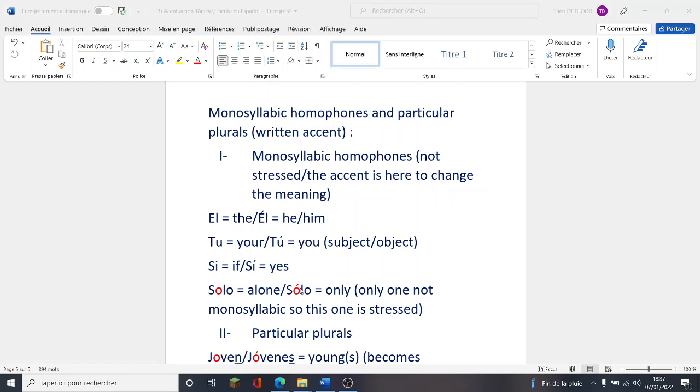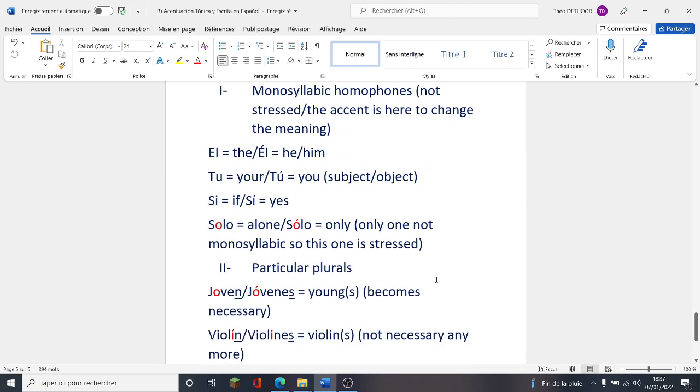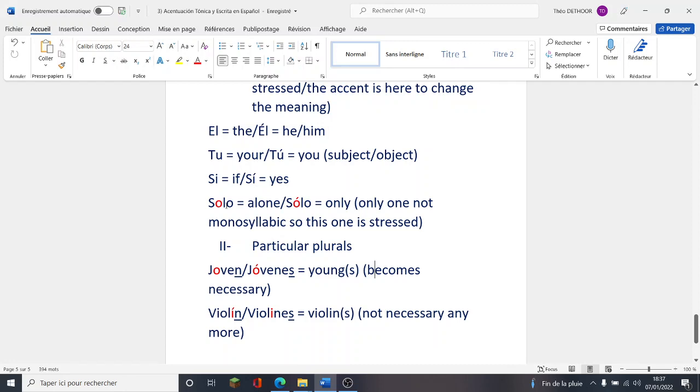The first three, like those ones, are not stressed by any means, but these ones for sure are stressed on the O. That's why I put it in red. So be careful, monosyllabic words are not stressed, the written accent is just there to change the meaning, and this one is also there to change the meaning, but it's still stressed on the O. Both of them are stressed on the O, so the stress can't determine which word you're talking about.